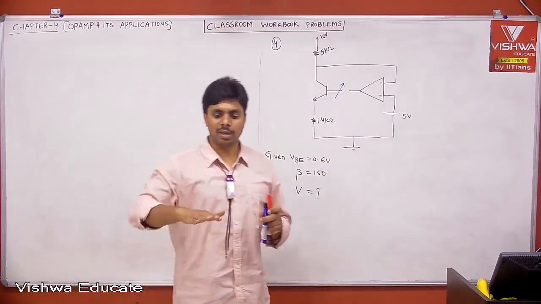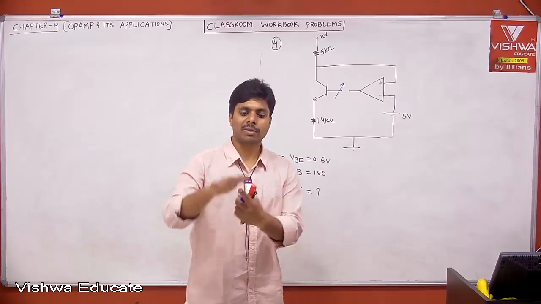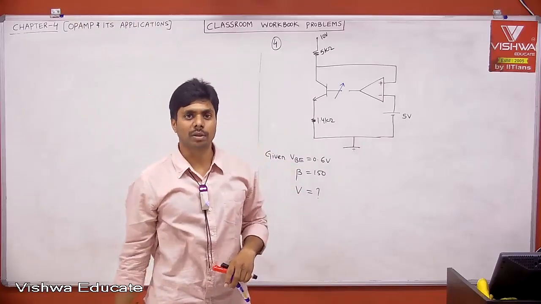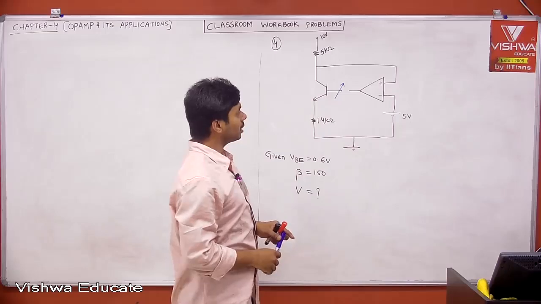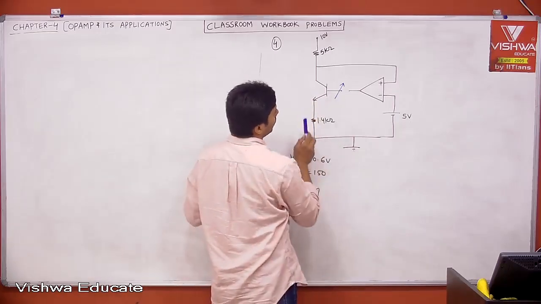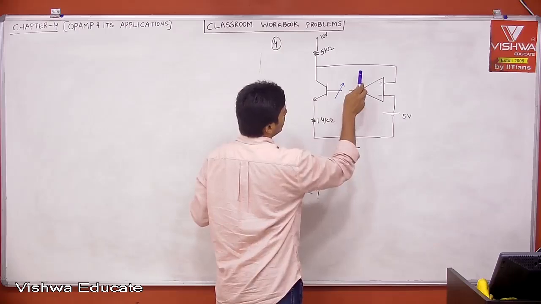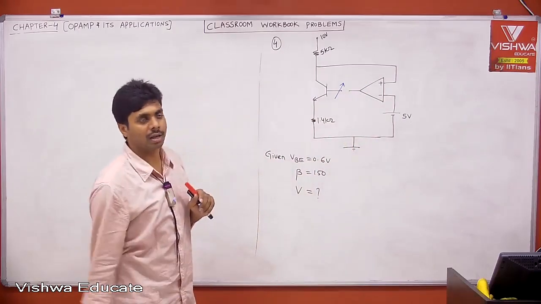In a loop, if something is increasing, negative feedback will make it constant. With positive feedback, if something is increasing, it will keep incrementing and finally give an unstable or saturated output. Now, let us say this is increasing. Come back to see what the change is here. If this is also increasing, positive feedback. If this is decreasing, negative feedback. This is the technique. Okay.